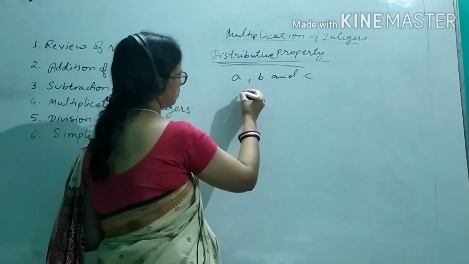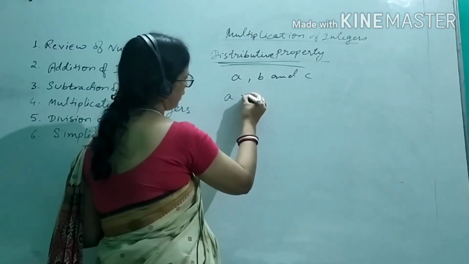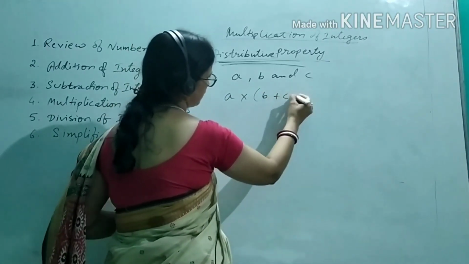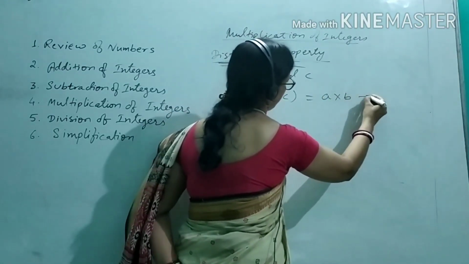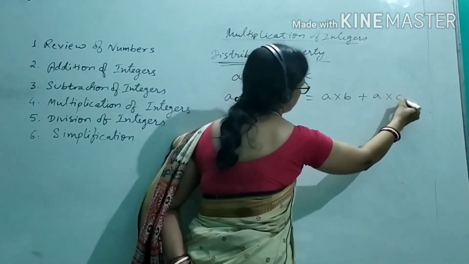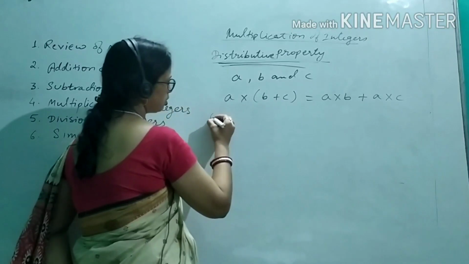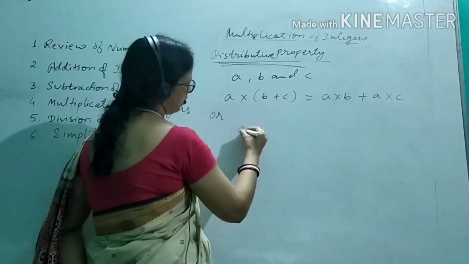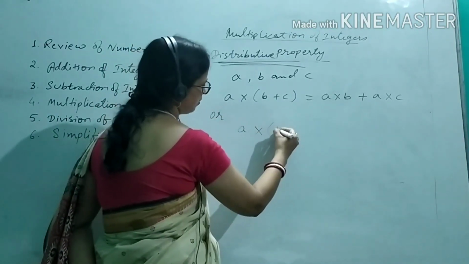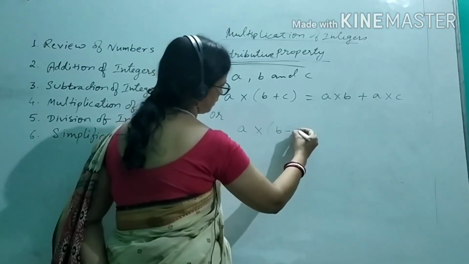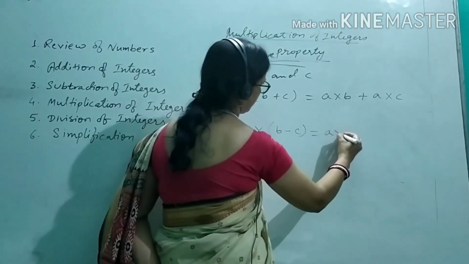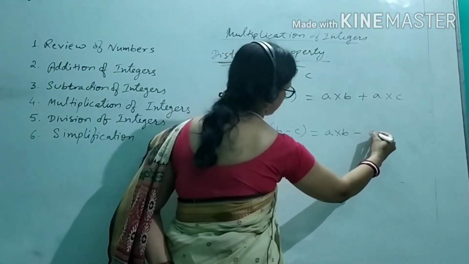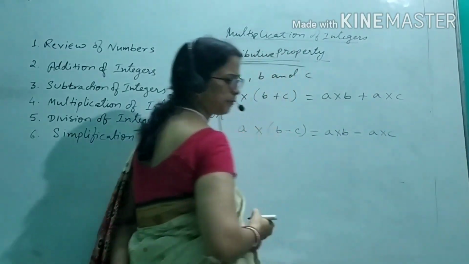Then a into (b plus c) will be equal to a into b plus a into c. Or also we can write, if a is multiplied with the difference of b and c, then we can rewrite it as a into b minus a into c.